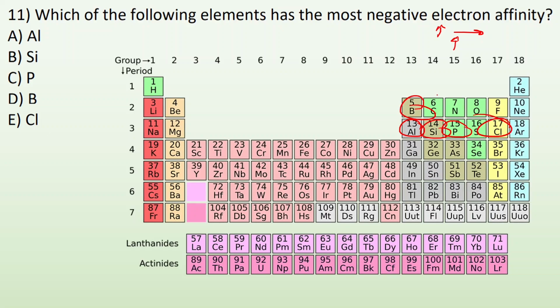So if we think about this, maybe you got it tied between boron and chlorine, because boron's towards the top, but chlorine is more to the right. Now here is something to think about. We know that chlorine is a nonmetal, boron is a metalloid. We know that nonmetals like to gain electrons. So which one is more likely to gain electrons between boron and chlorine? It's going to be chlorine. Chlorine of those options is going to have the most negative electron affinity.